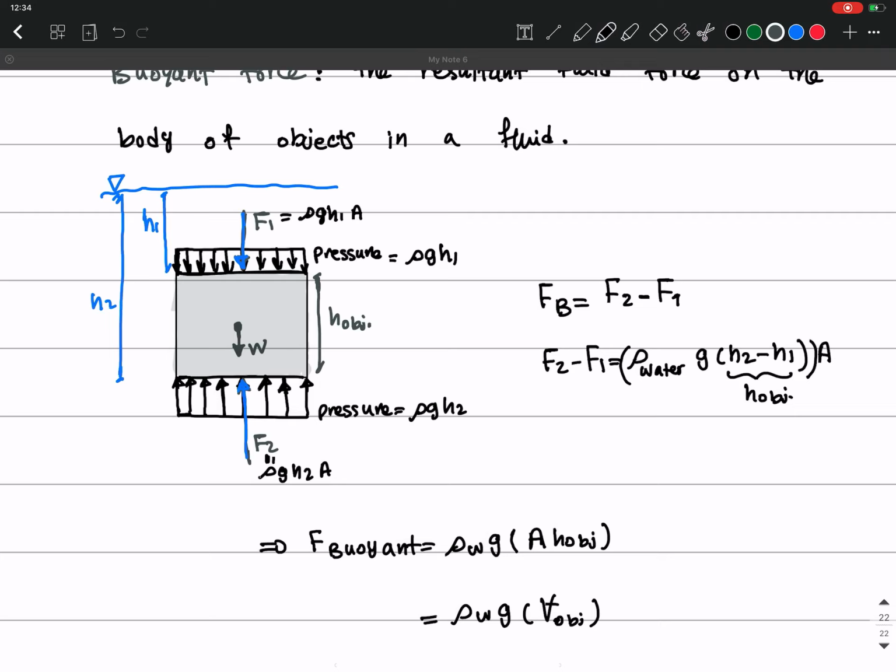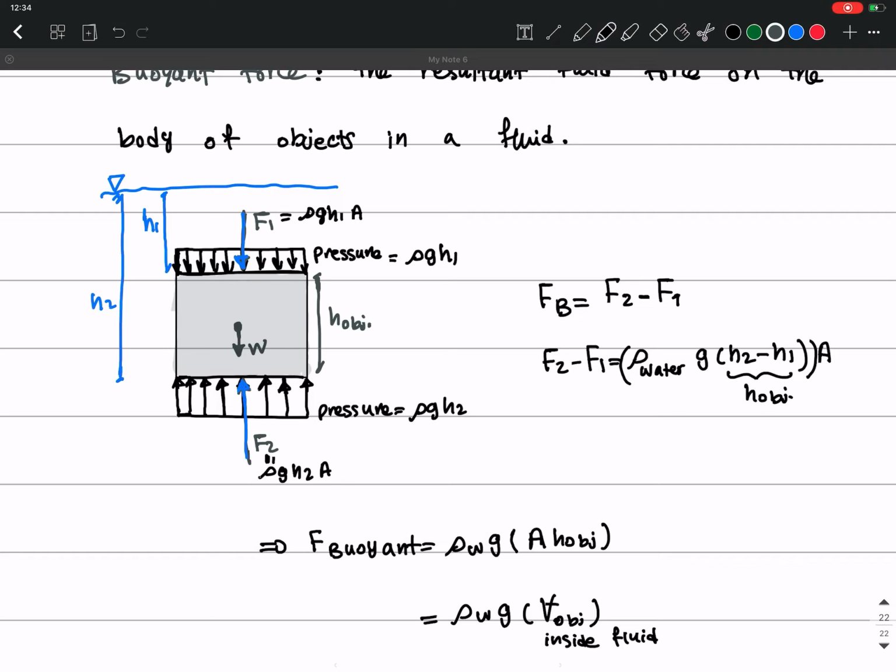It can be a very dense or very low density object, but the amount of force exerted by the fluid on that object is the volume of it that is inside the fluid, times rho w times g.